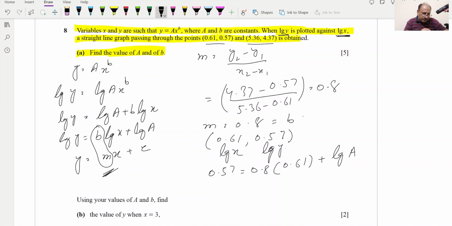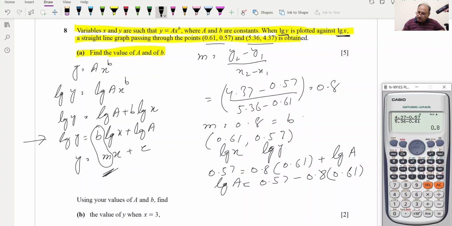So we have replaced in this one, and this will be the a value we can find. So basically log a will be equal to 0.57 minus 0.8 into 0.61, and this will be 0.